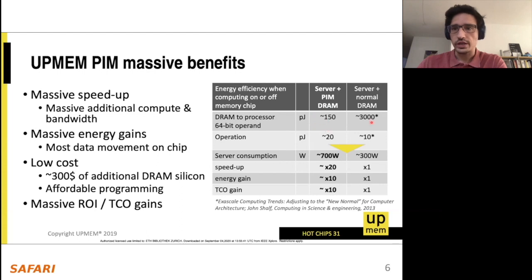As you can see, there are like 20 times potential energy savings here. This represents one of the most interesting and important points of this architecture: we can improve performance and greatly improve the energy consumption by using processing in memory.